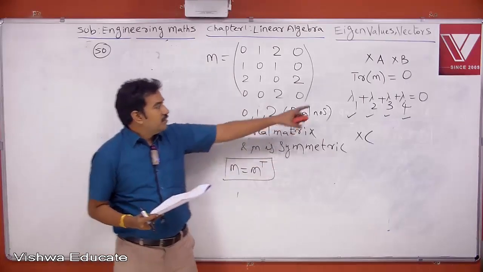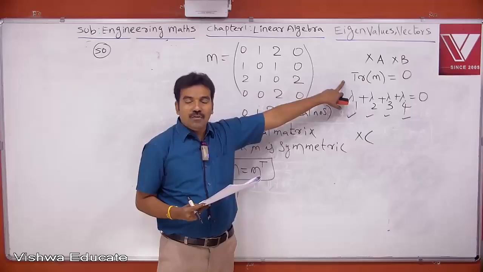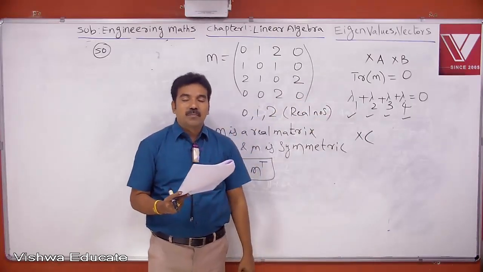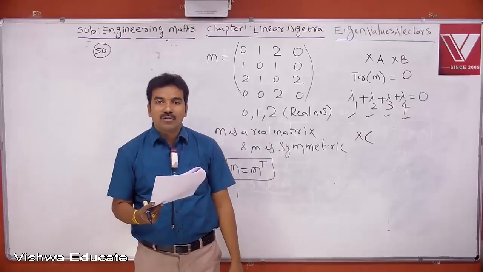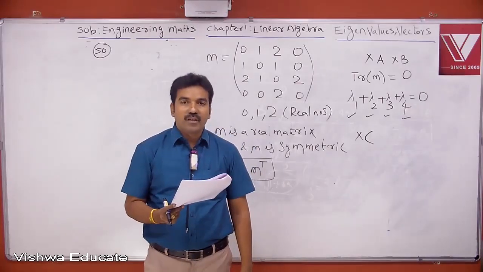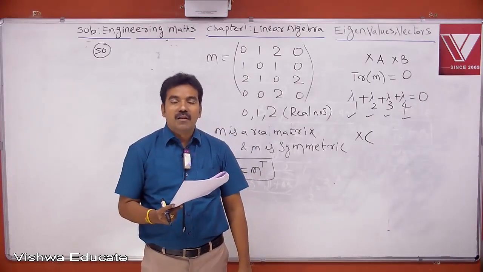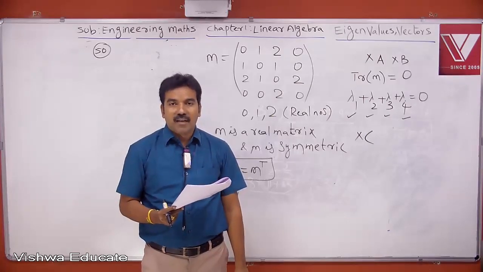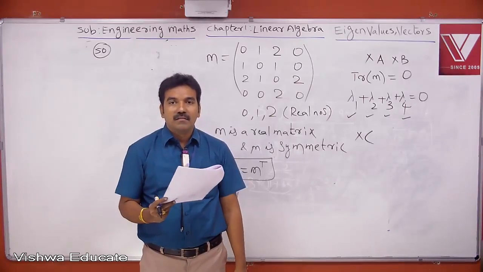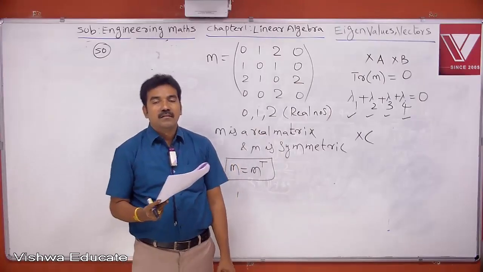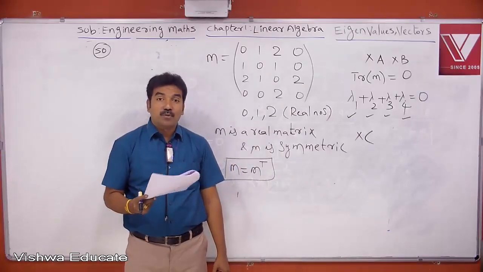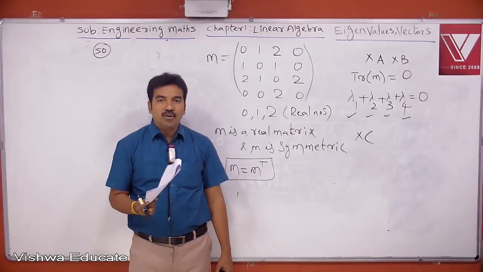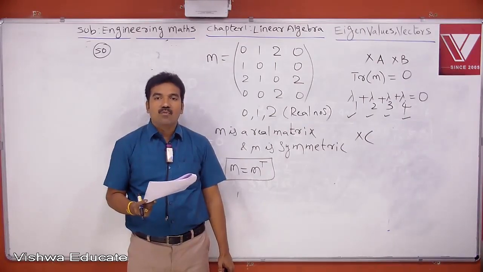Next, since trace of M equal to 0 implies lambda 1 plus lambda 2 plus lambda 3 plus lambda 4 equal to 0, implies M has both positive and negative eigenvalues.